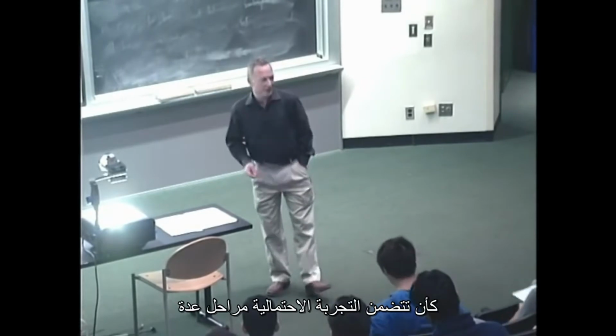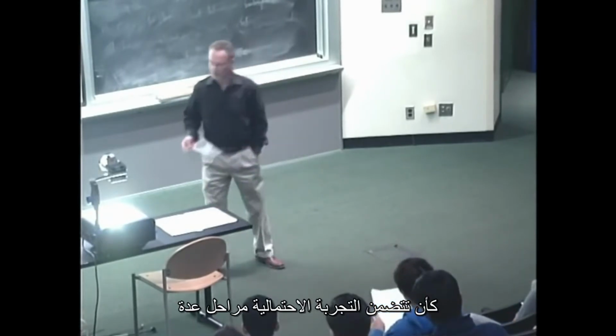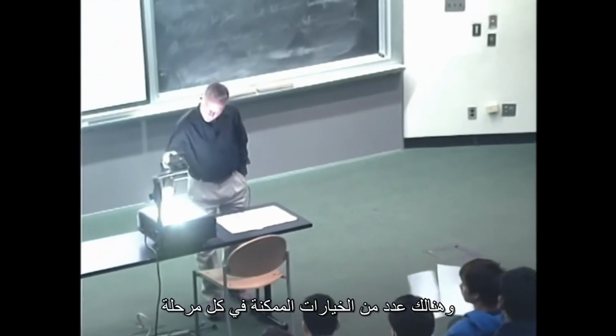Think of a probabilistic experiment that involves a number of stages, and in each one of the stages, there's a number of possible choices. The overall experiment consists of carrying out all the stages to the end, and the number of points in the sample space is how many final outcomes there can be in this multi-stage experiment. In this picture, at the first stage we have 4 choices.